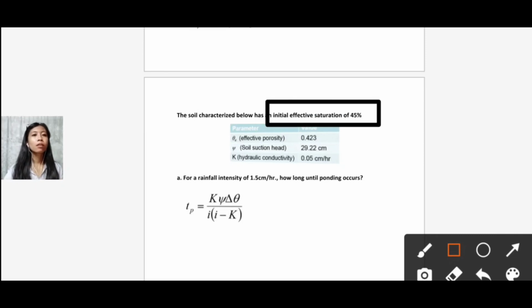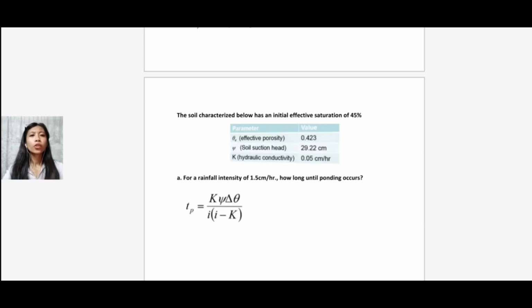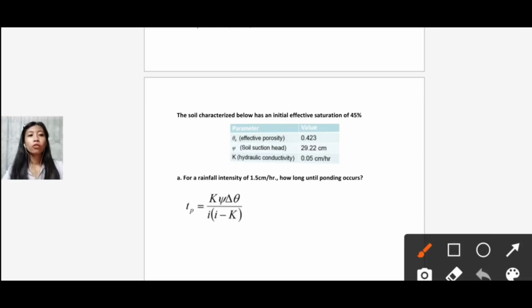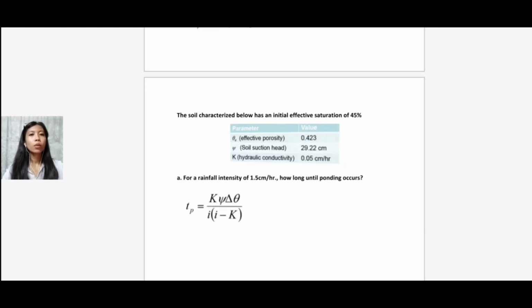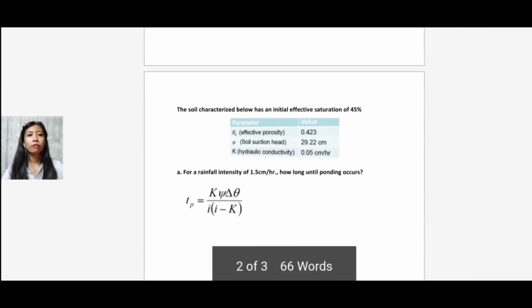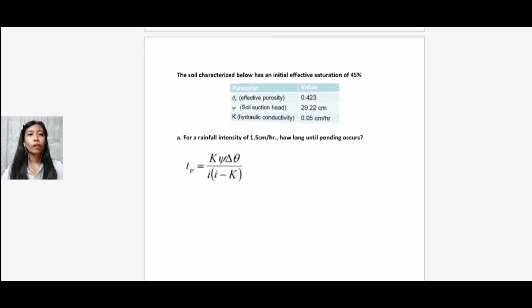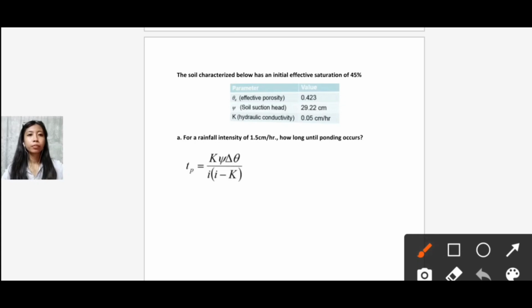Given this, the question is: for a rainfall intensity of 1.5 cm per hour, how long until ponding occurs? So we are looking for when the ponding will start given all these characteristics of the soil. Basically, we will use the equation I showed you a while ago. But first of all, we have to calculate the change in effective saturation.